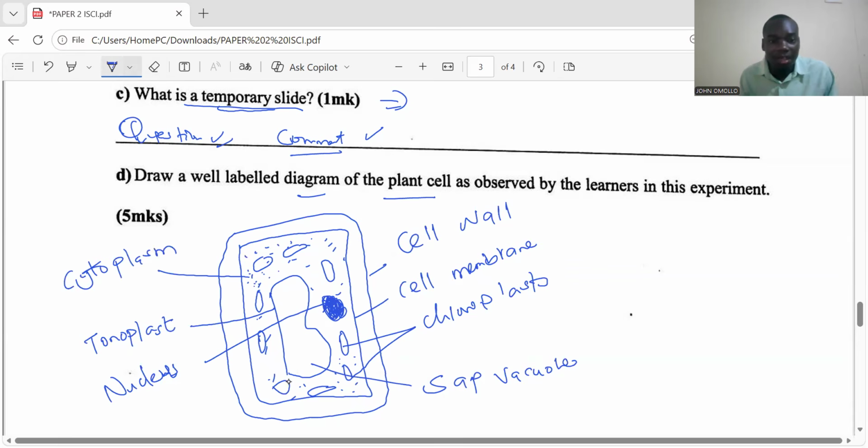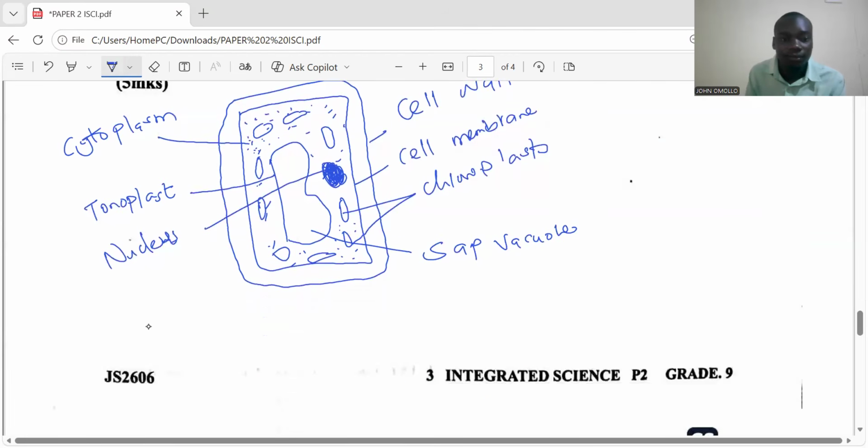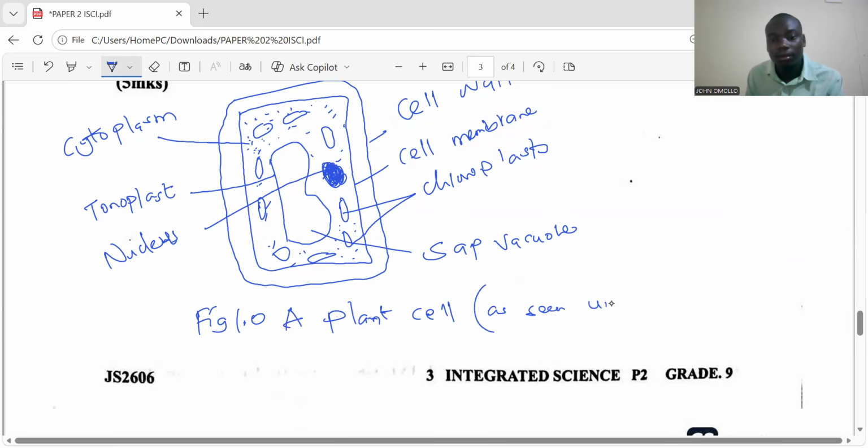Which part is remaining? I've tackled all the parts. So you have to name it Figure 1.0, a plant cell as seen under a light microscope.